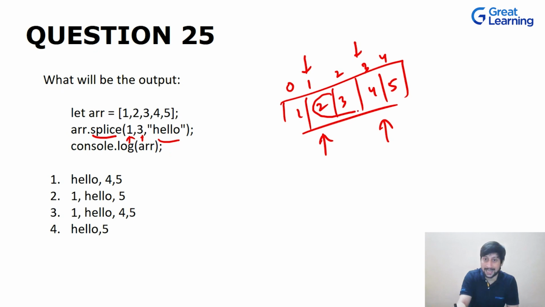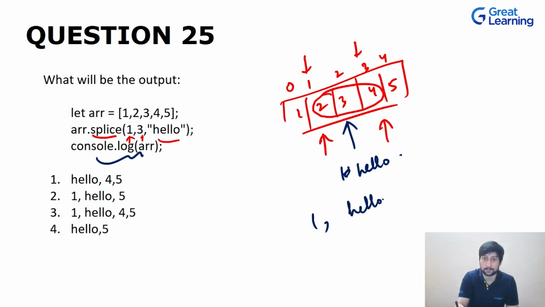So we are taking this part into consideration, and then we are replacing this part with hello. So when we try to access this array, we will get the output as 1, then hello, and then 5. So the output will be this.